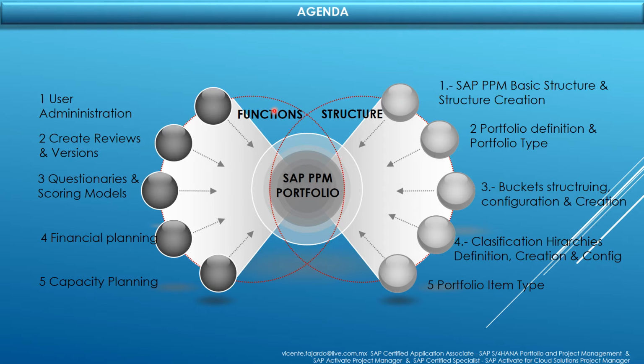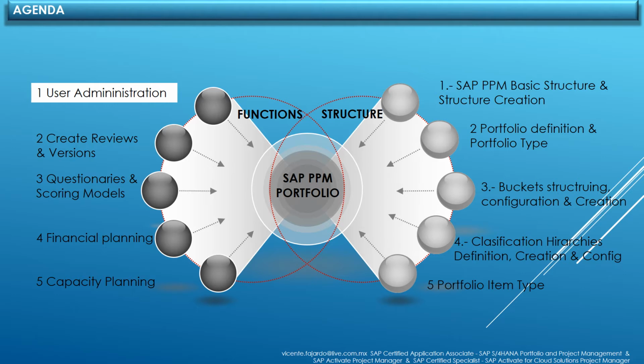Now, we will learn how to use the different functions that we have to manage the portfolio. As you can see, we will go through 5 different lessons. So let's go on.